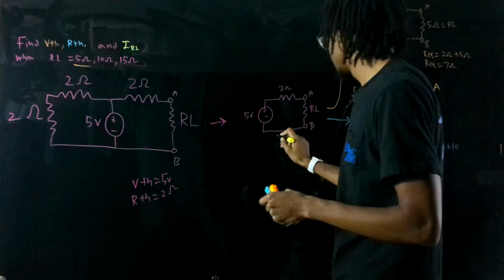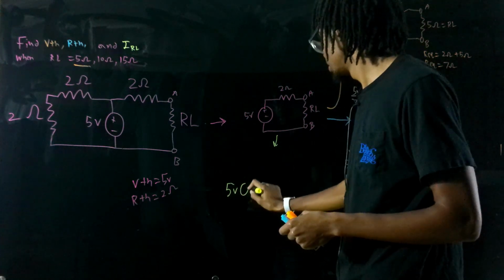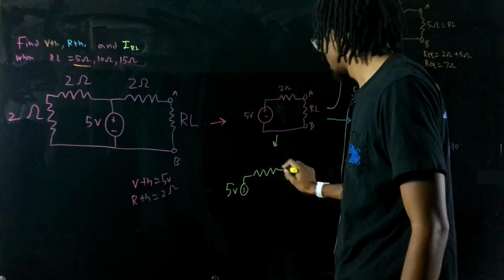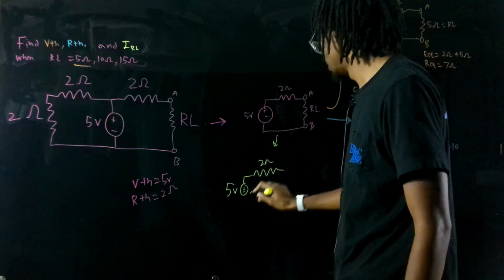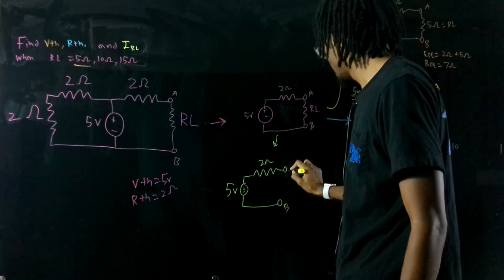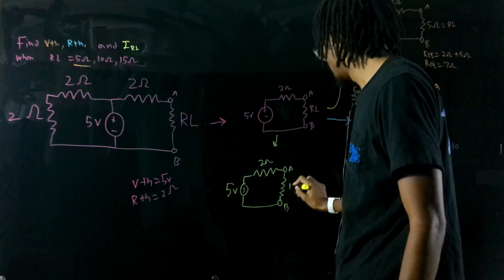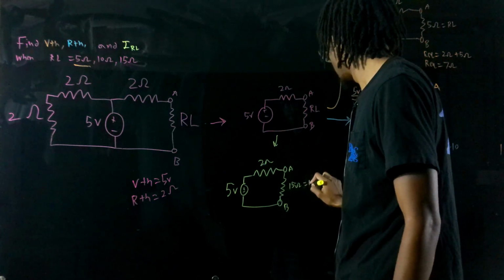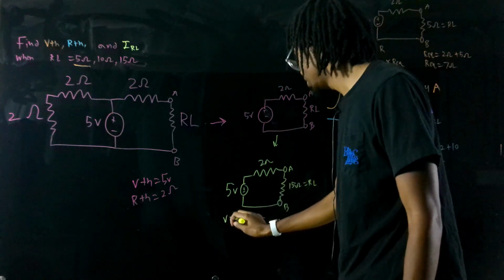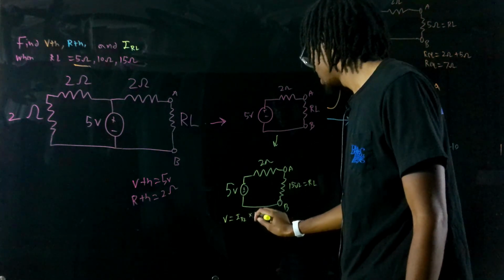So our last step is to act as if RL is equal to 15 ohms. So we'll do the next step. Redraw the circuit like always. We have our 5 volt source, 2 ohm resistor. We'll have our B node and our A node, and then we will have our RL, which in this case is 15 ohms. And then we'll do Ohm's law again. So we have V equals IRL times REQ.